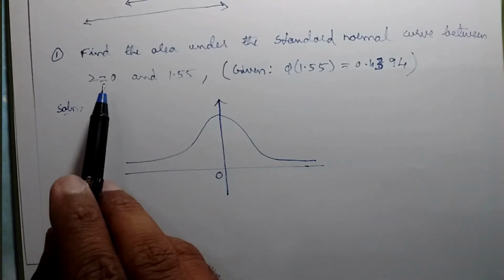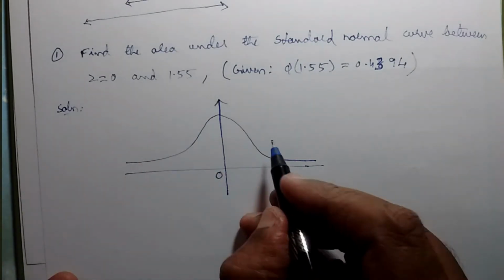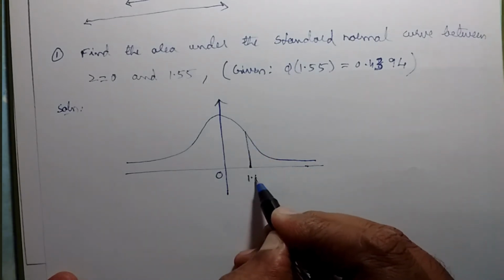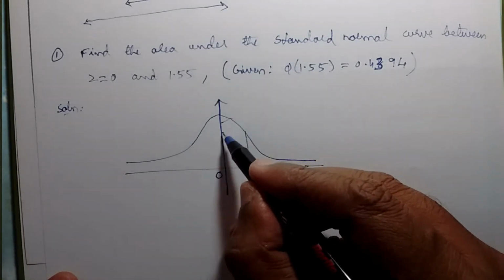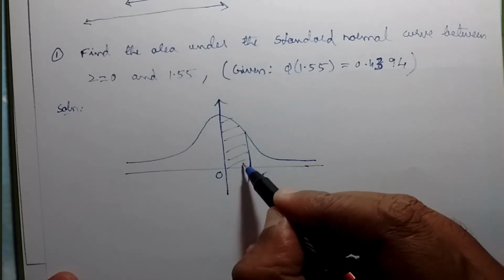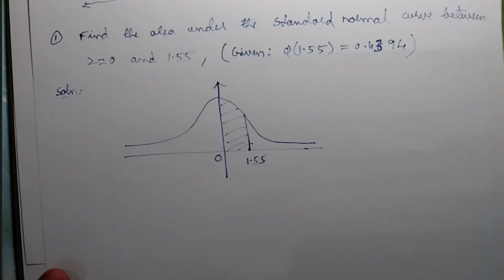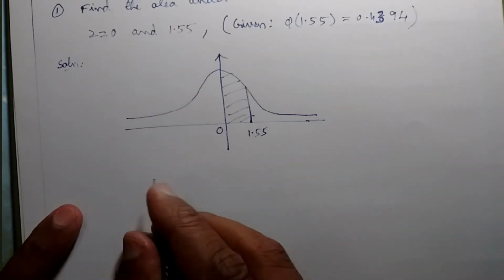From 0, this value of z is 0 to 1.55. Suppose I take the point somewhere over here, it's 1.55. What I have to calculate is the area under this normal curve. That is the area I need to calculate. So we know the theoretical area.